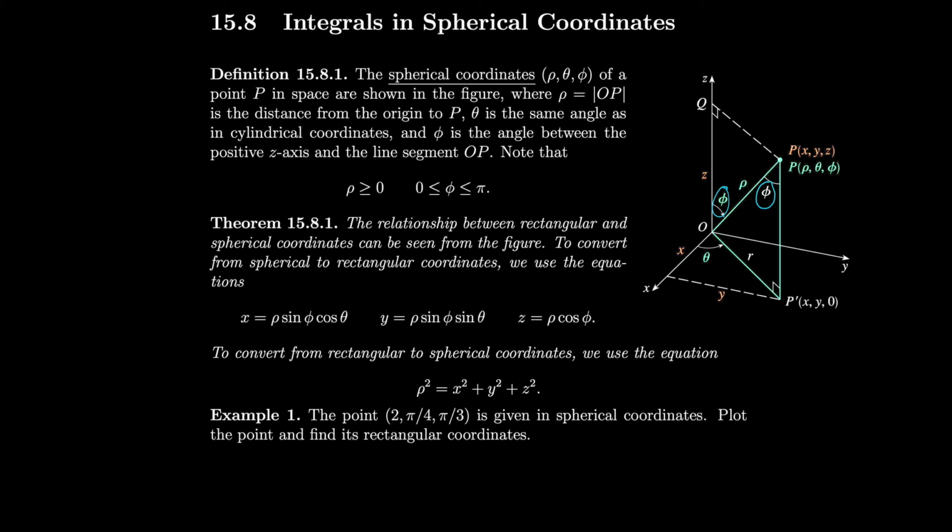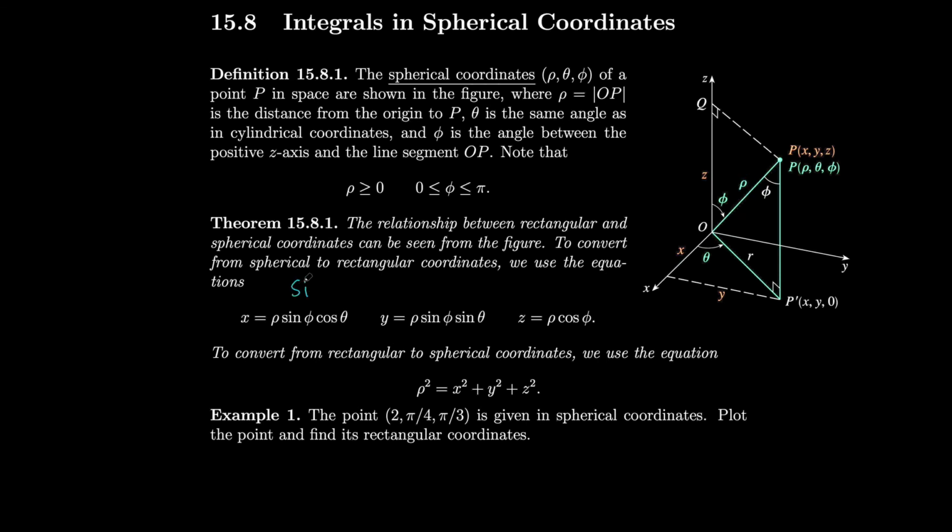So that means that we can rewrite r in terms of this angle phi, because rho is the hypotenuse of a triangle that we make out of that, and r is going to be the opposite side. So that means that the sine of phi is equal to opposite over hypotenuse, that's r over rho.